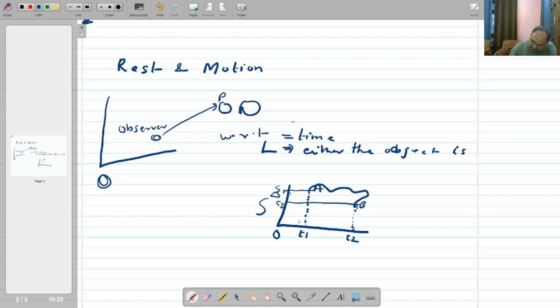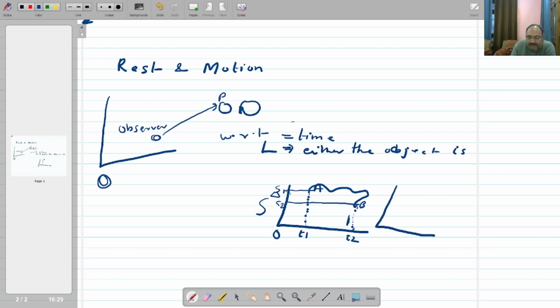So to ascertain whether a particle is moving or is at rest, we need to understand whether there is a change in the position from initial situation to the final situation. Okay, if there is no change, suppose we draw another graph over here.